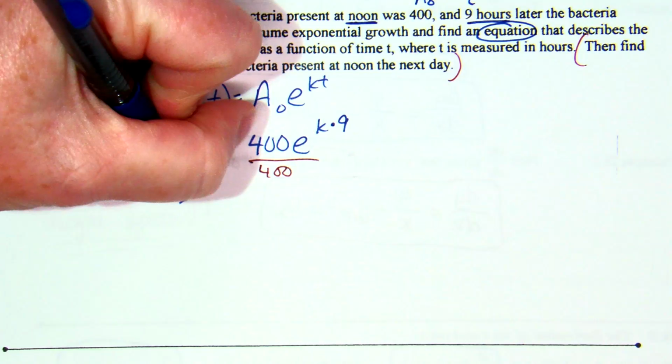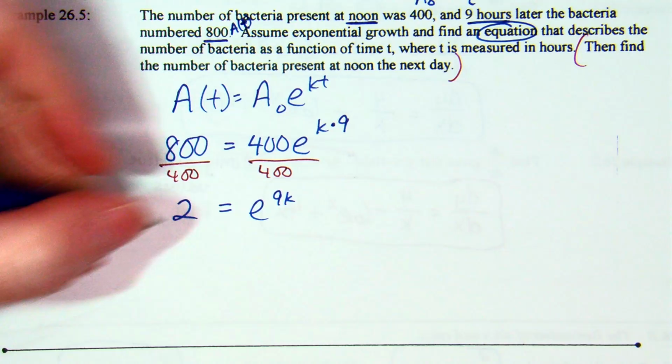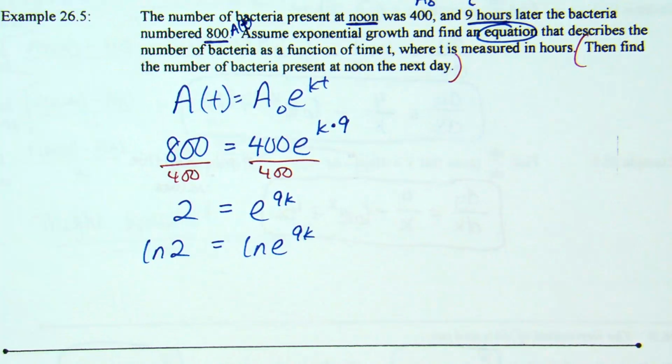So we're going to take the natural log of both sides. The natural log of 2 is natural log of 2. Natural log of e to the 9k. What do you know about the natural log of e to the 9k? The 9k could go out front, but even better, it's just going to be 9k, because natural log is what base? Base e.